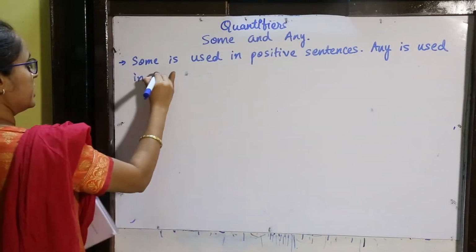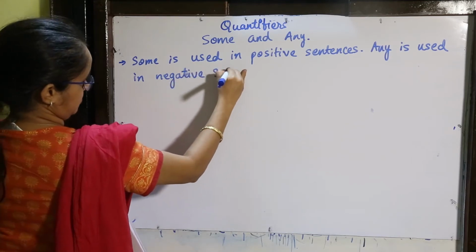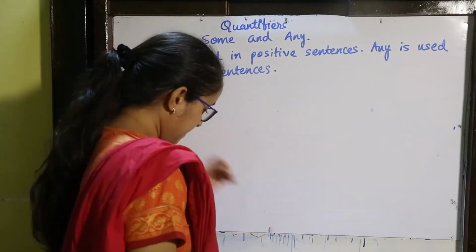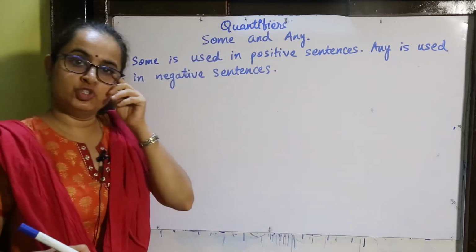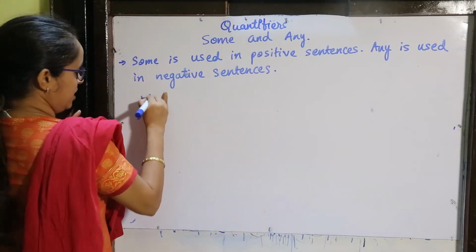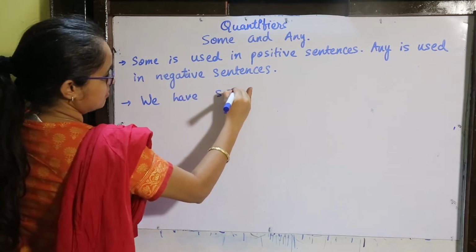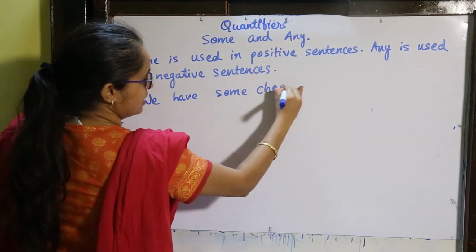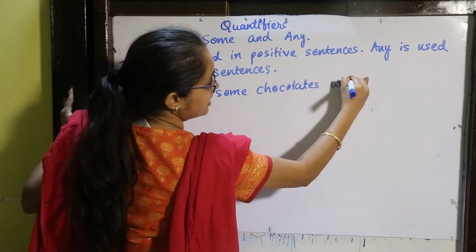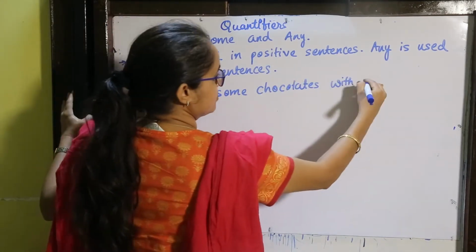Now you will think, teacher, how? So I'll give you an example. For example, we have some chocolates with us. So here this is positive. We have some chocolates, so that is called positive.